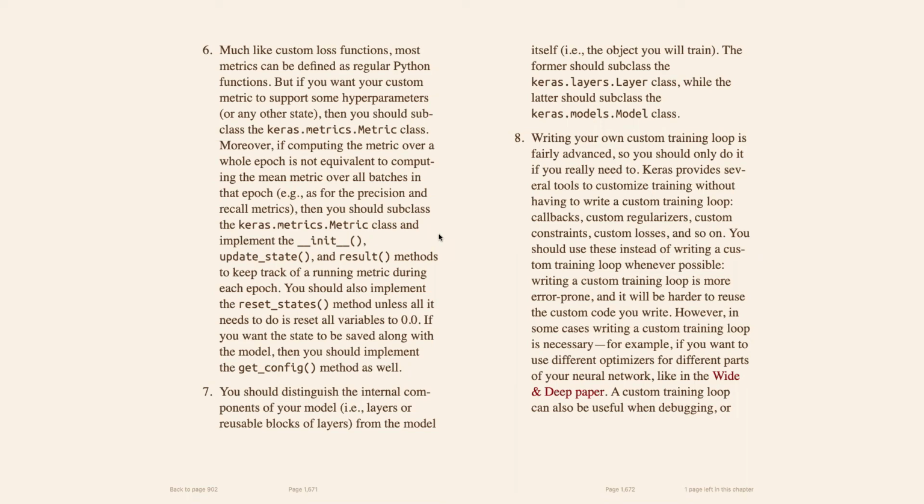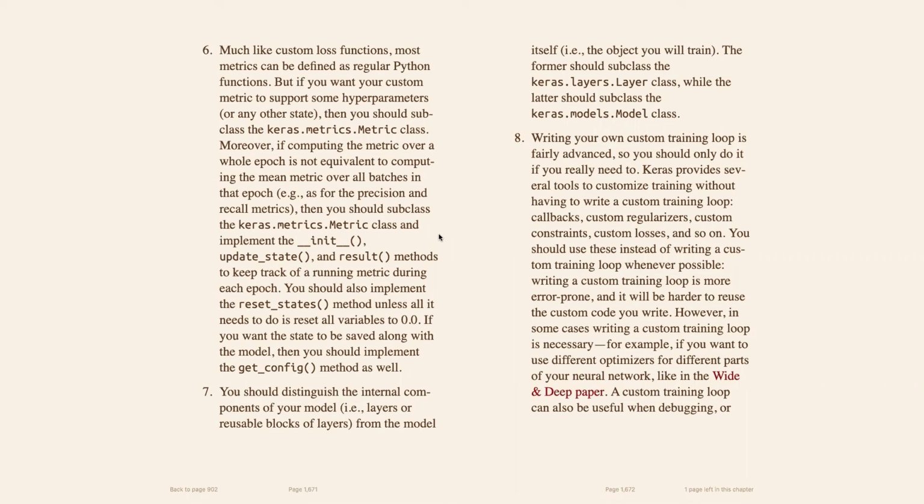Writing a custom training loop is more error prone and it will be harder to reuse the custom code you write. However, in some cases, writing a custom training loop is necessary. For example, if you want to use a different optimizer for different parts of your network, like in the wide and deep paper.